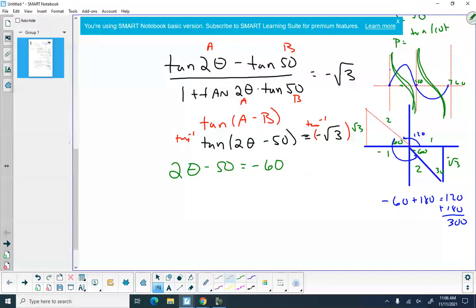For tangent and cotangent, the period is only 180 degrees. So it's 180 degrees divided by b. So when I'm dealing with a tangent and solving equations, I don't have to do a second equation because the period here is only 180 degrees. That takes me from here to here, back down to here, back to here.